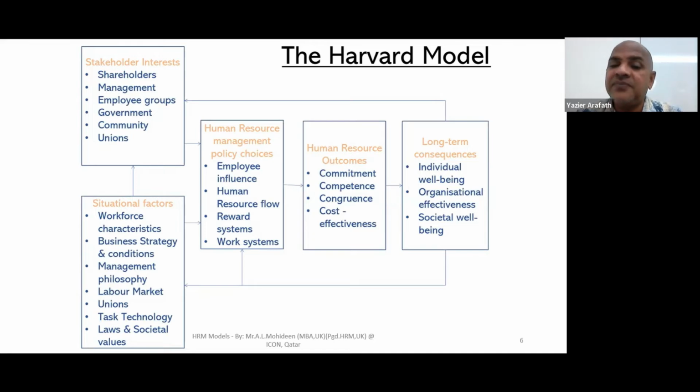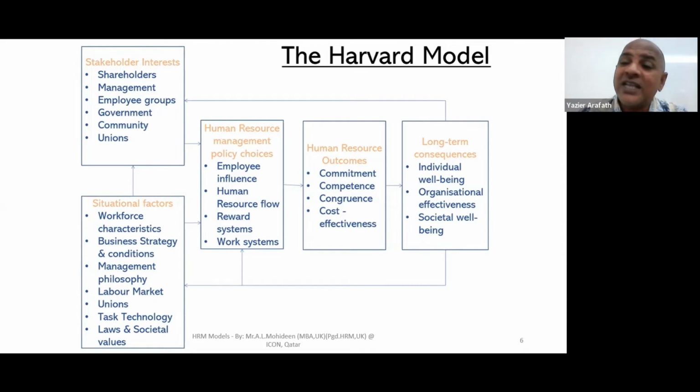This is key. And the situational factors connected with the organization: directly the workforce, the business strategy, the labor market, the laws, or the technological environment. These things should be considered by HR.